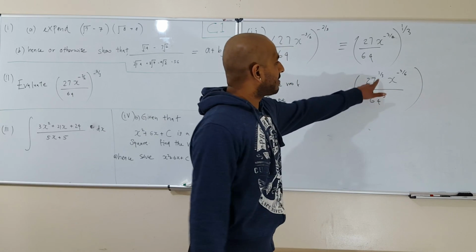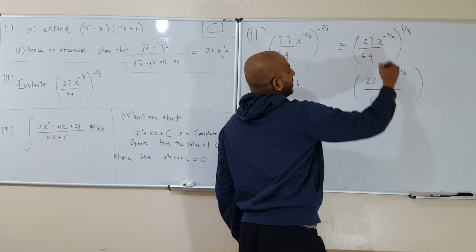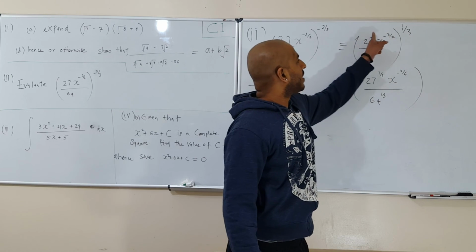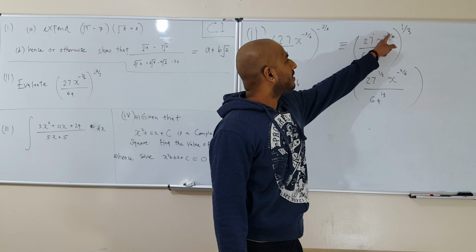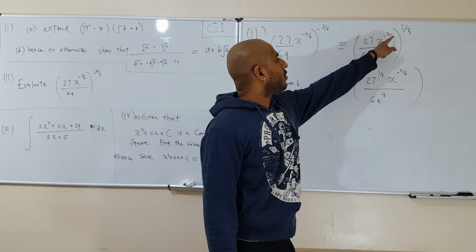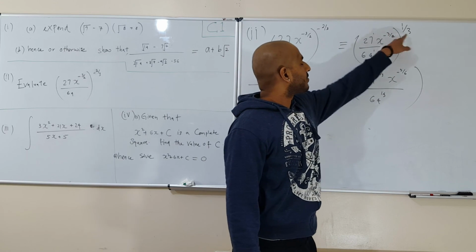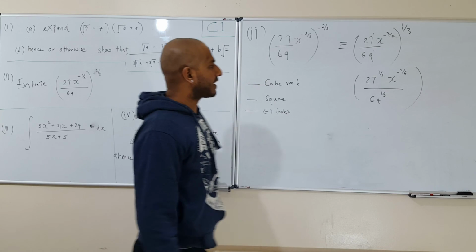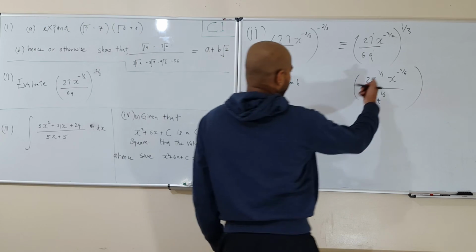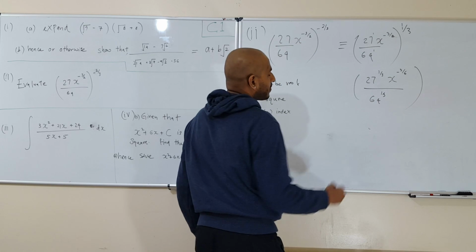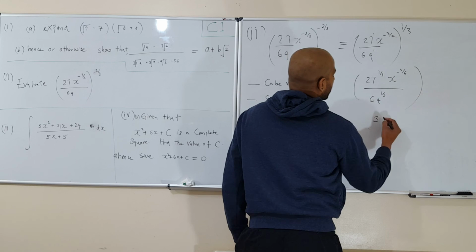The reason we can write a third like that is that we have a power here, even though it's invisible. So a third times 1. Exact same thing we employed here as well: minus 3 over 2 times a third. 1 times minus 3 is minus 3, 2 times 3 is 6. Exact same thing. So the cube root of 27 would be 3, and that simplifies to minus a half.